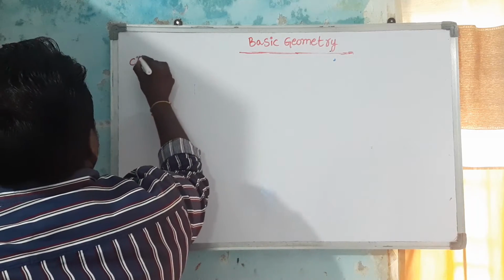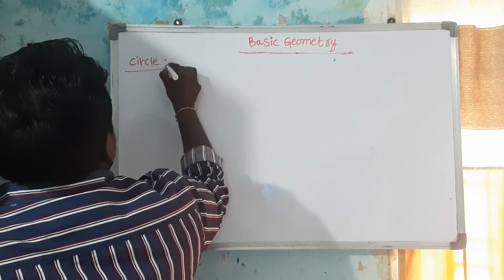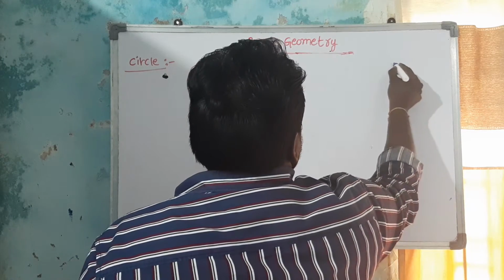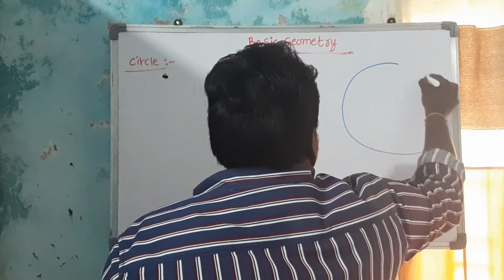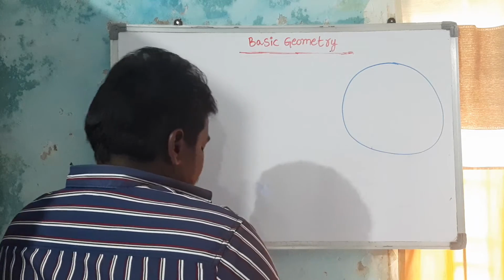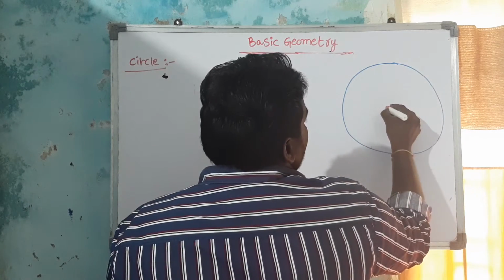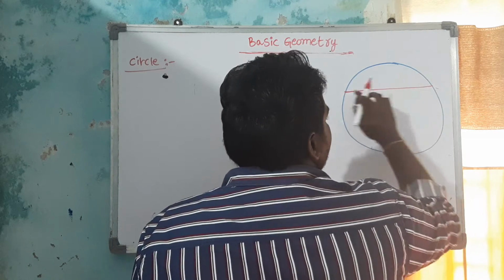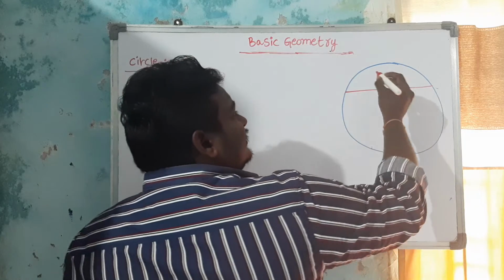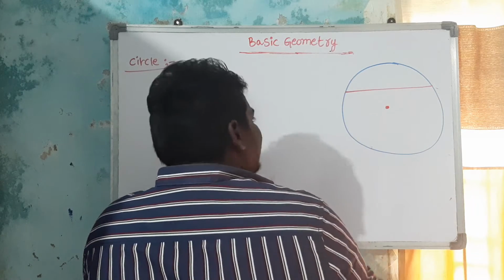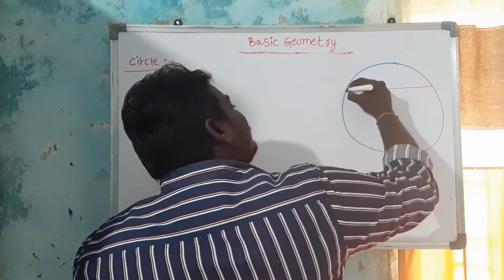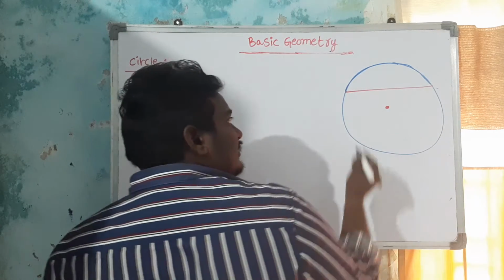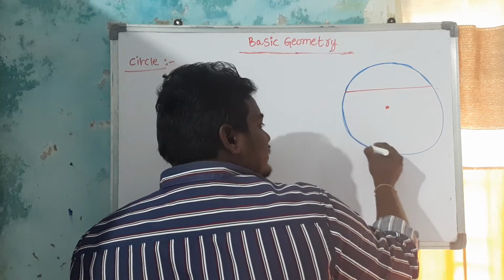In the circle, if you take this chord, if you draw this, there will be a formation of a small arc. If you draw this, there will be a formation of a big arc.